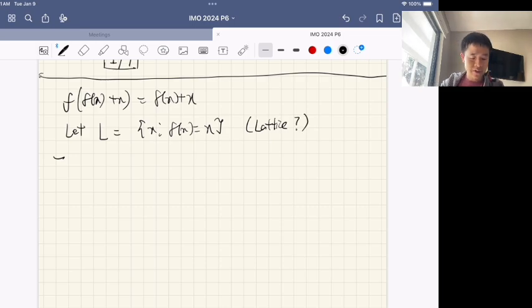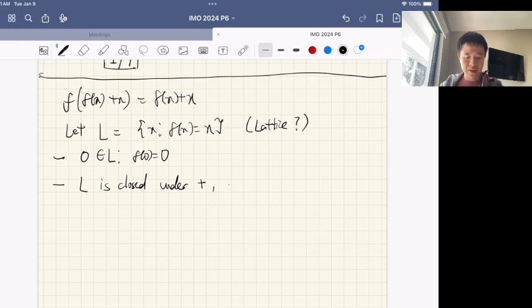First of all, we see that 0 is in L because f(0) equals 0, which we have proved before. Now, what are the other things that we want to establish? One thing that you can guess is that this L is closed under addition and also negation.